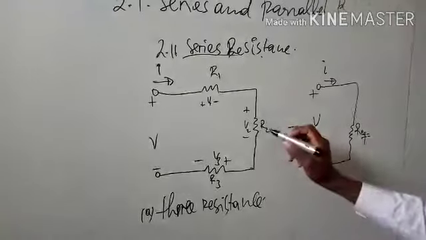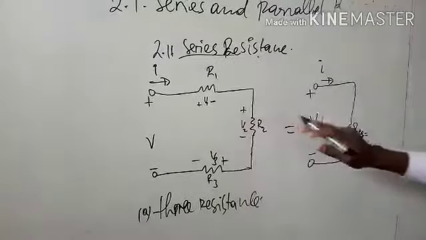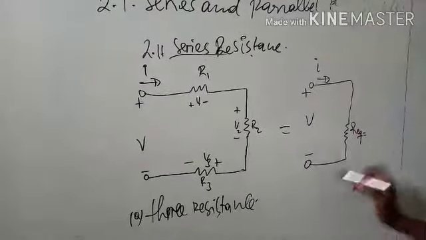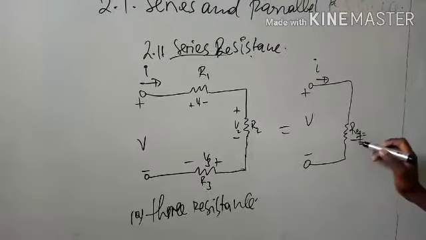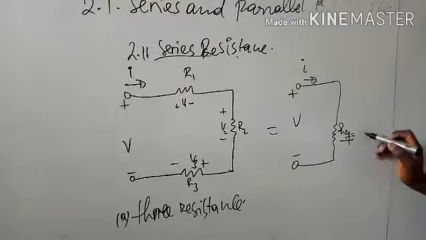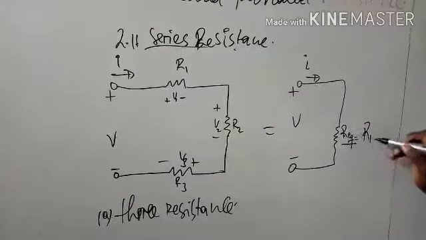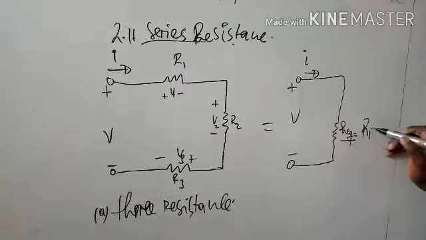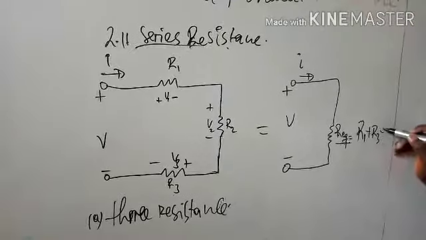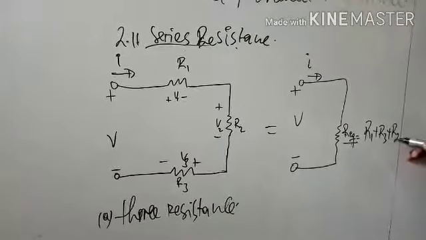And then how do we get our equivalent resistance, which we call R equivalent? We just take the sum of the resistances: R1 plus R2 plus R3.